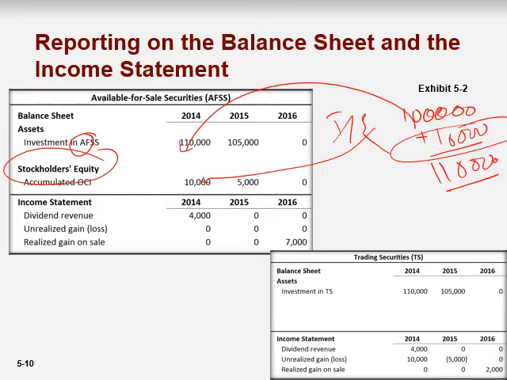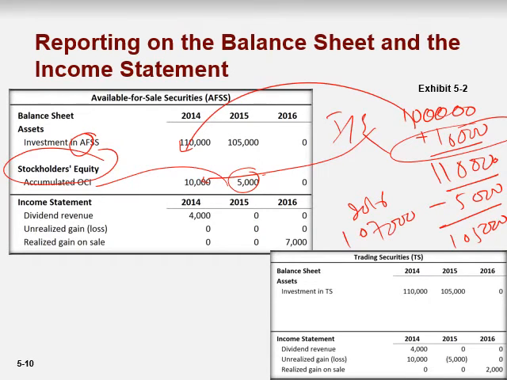And in 2015 when we have an unrealized loss, that also goes to other comprehensive income, and in 2016 we sell it for 107,000 US dollars.